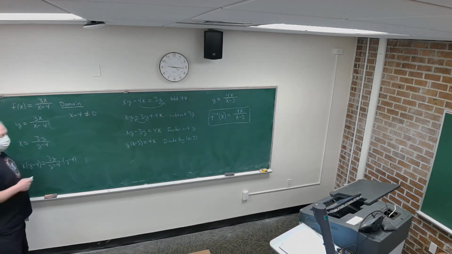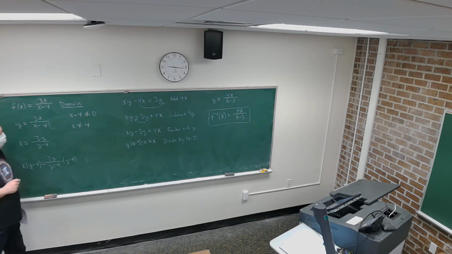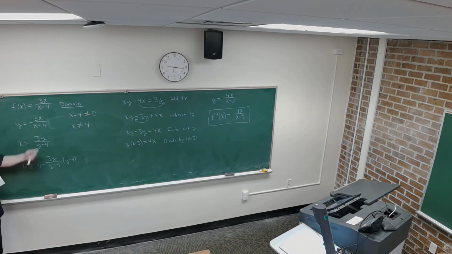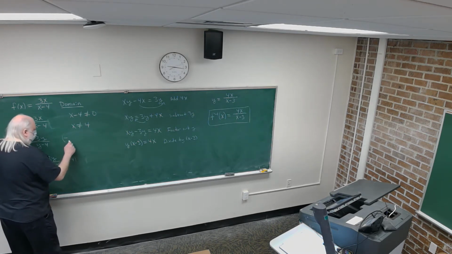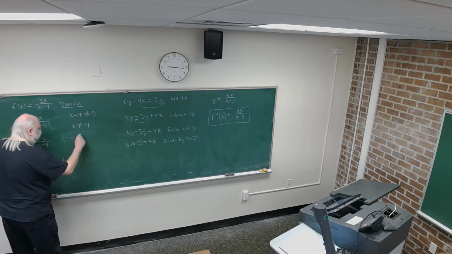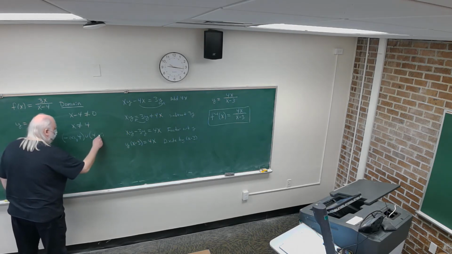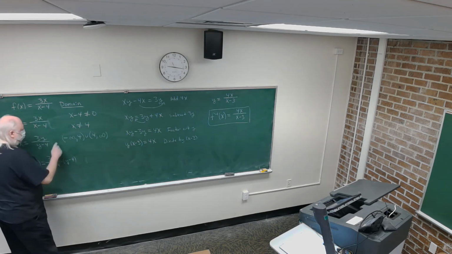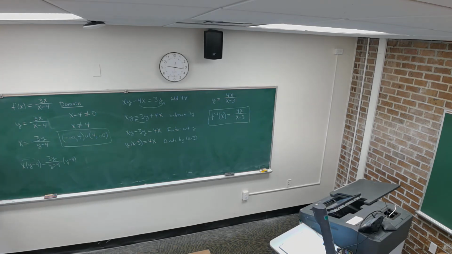And when you solve for x, you get x cannot equal 4. So the domain of the one-to-one function is all real numbers except for the number 4. In interval notation, that's minus infinity to 4, parentheses, union, left parentheses 4 to plus infinity. So that's the domain of f of x.